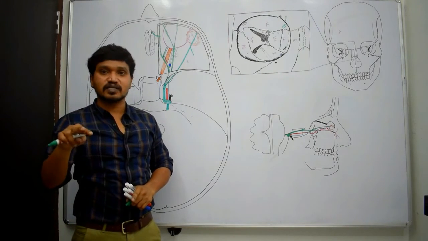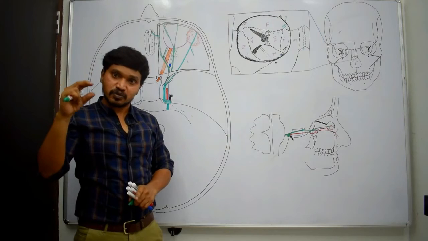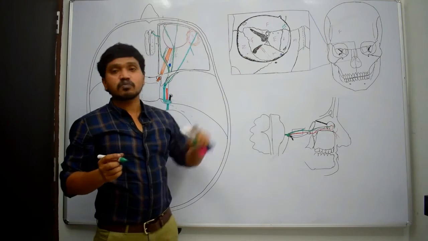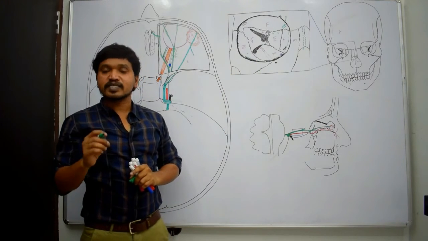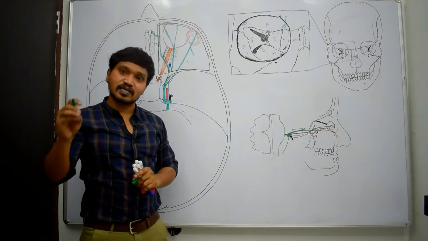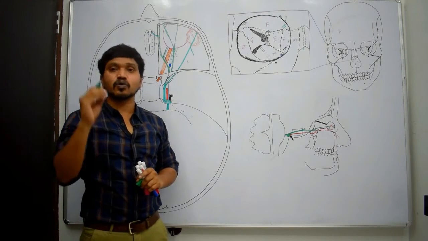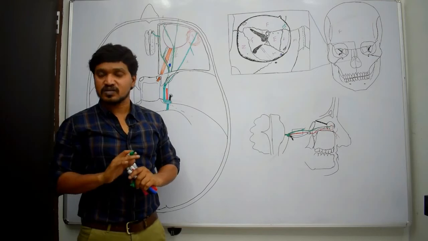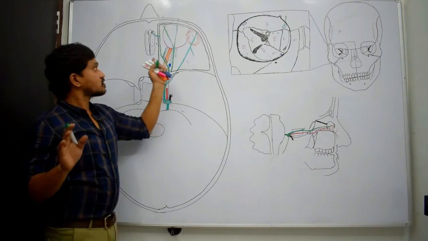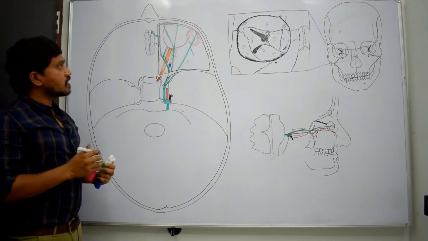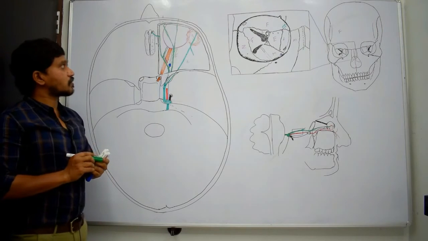These internal nasal branches will supply the nasal mucosa. When it reaches the lower border of the nasal bone, it emerges out as the external nasal nerve to supply the lower part of the nose. That's it, right? So this is the ophthalmic division of the trigeminal nerve.